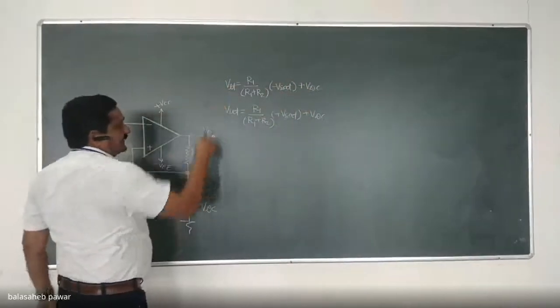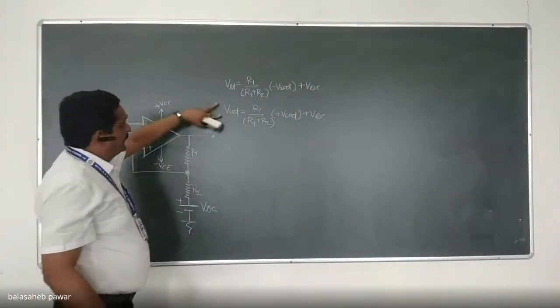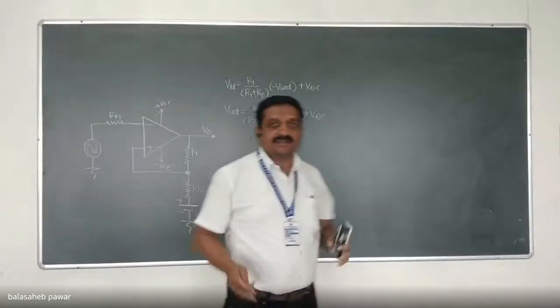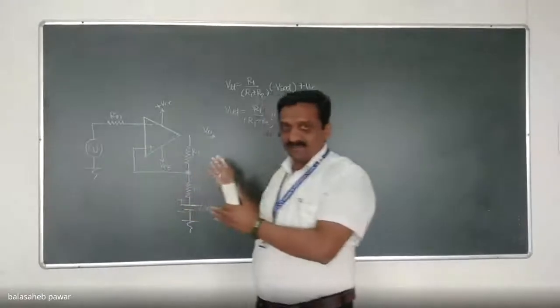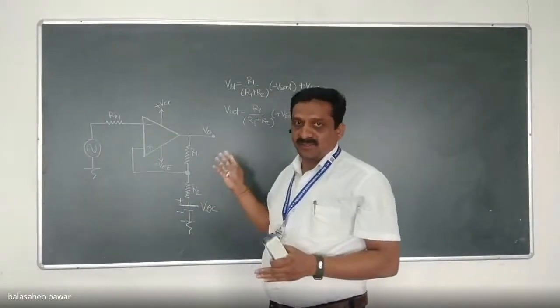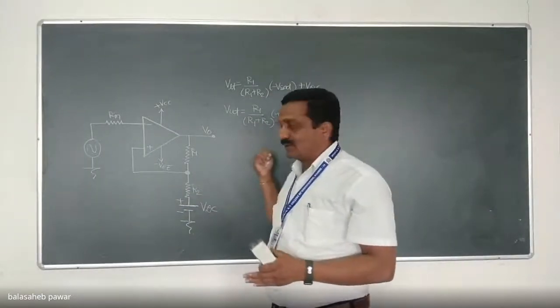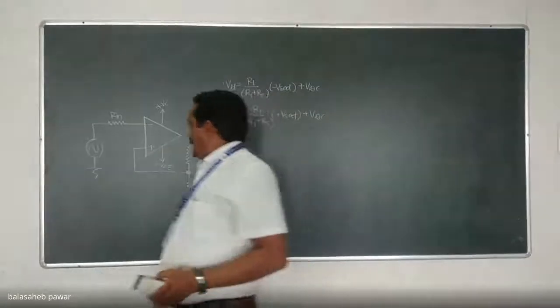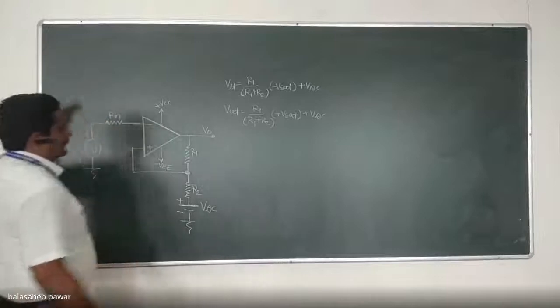So this VLT will get reduced, while VUT will get increased, and hence that hysteresis curve will get shifted towards the first quadrant, right? VUT will get increased, VLT will get decreased. So we'll take one example for proper understanding.